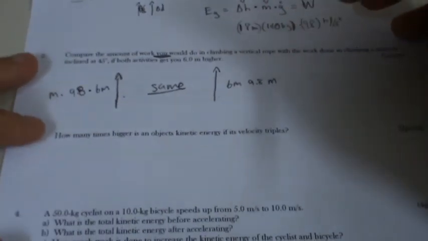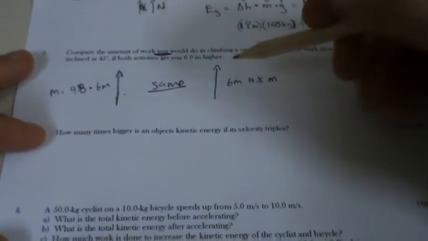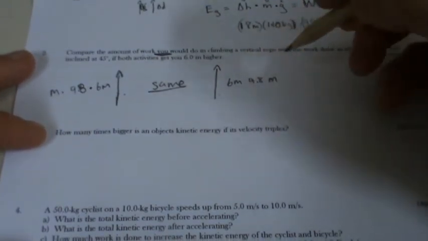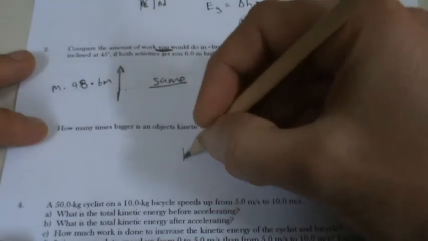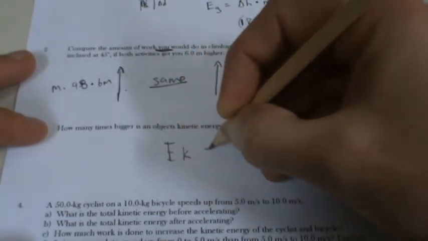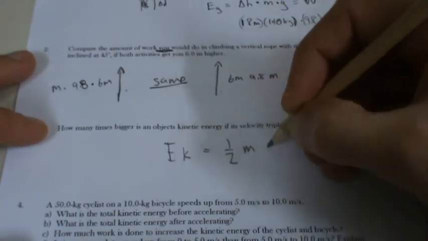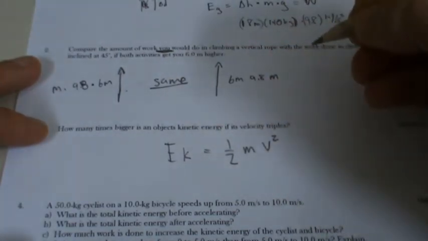How many times larger is an object's kinetic energy if its velocity triples? Well, you know that kinetic energy is equal to 1/2 mv squared.